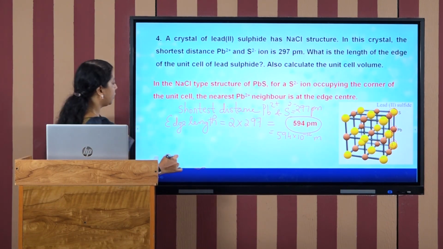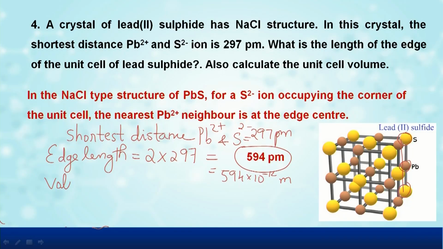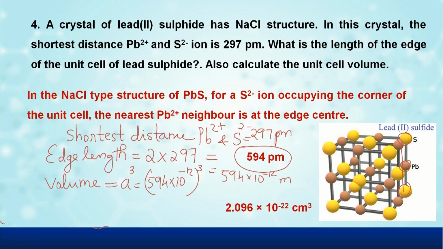Now, we have to find out the volume. So, volume of the unit cell is A cube, that is if A is the edge length, A cube is the volume. So, that is equal to 594 into 10 raised to minus 12 the whole cube. Okay. So, if we convert it into centimeter, we get 2.096 into 10 to the power of minus 22 centimeter cube.